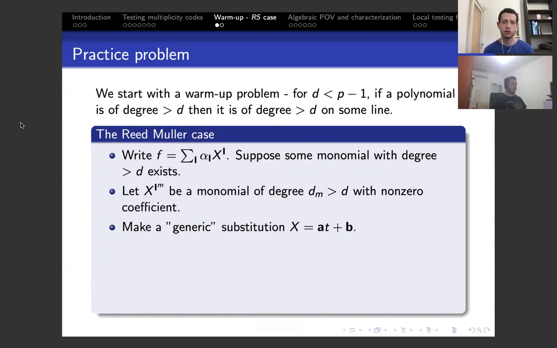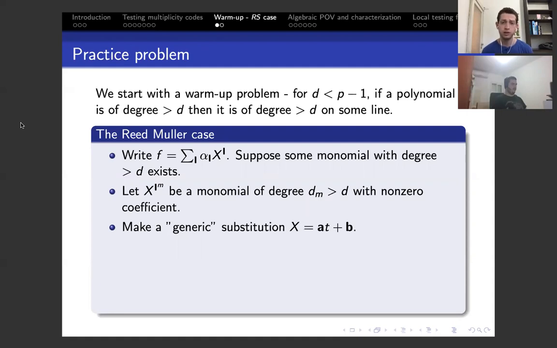And now we'll make a generic substitution: x equals a t plus b, where a and b are vector parameters to be chosen later. We'll be interested in the coefficient polynomial, telling us the coefficient of the monomial t to the d plus 1 as a polynomial in a and b.